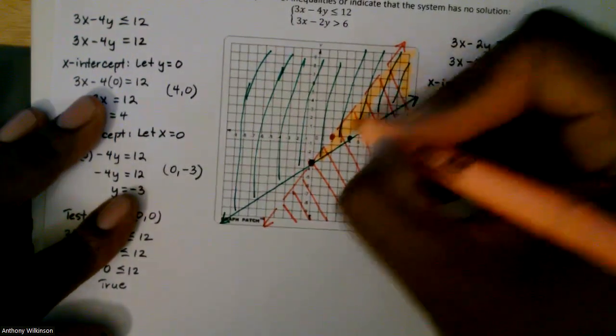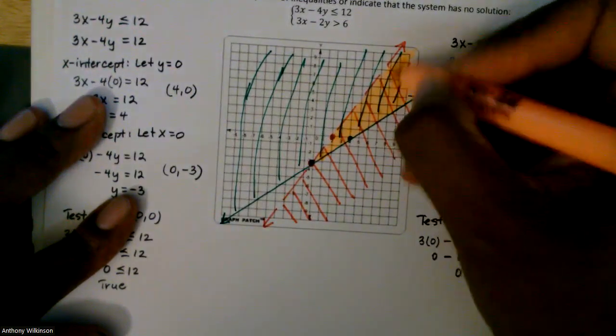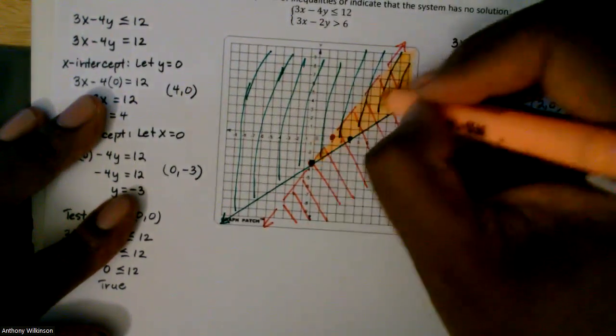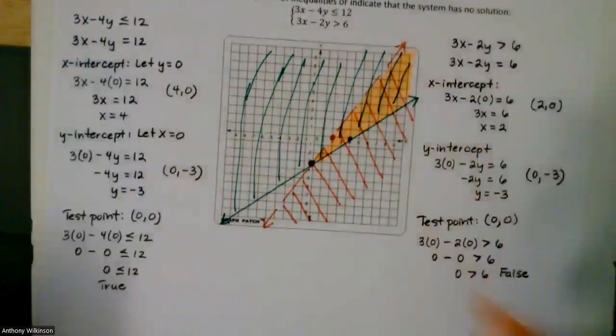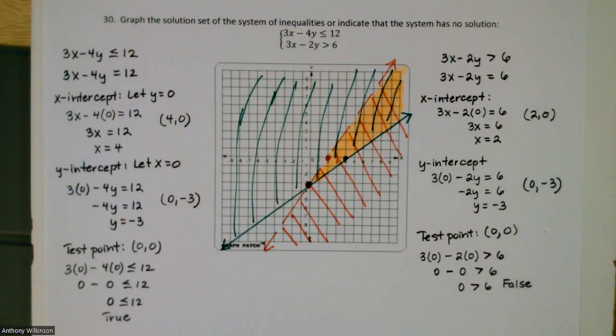So here it is. That shaded area represents the solution set for this system of inequalities: 3x minus 4y is less than or equal to 12, and 3x minus 2y is greater than 6.